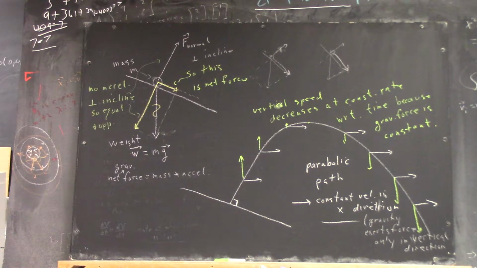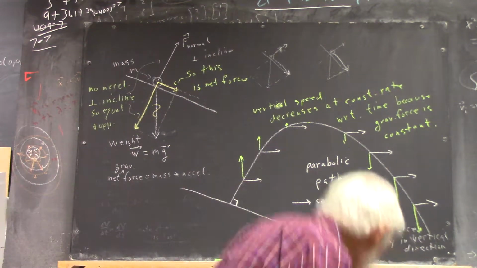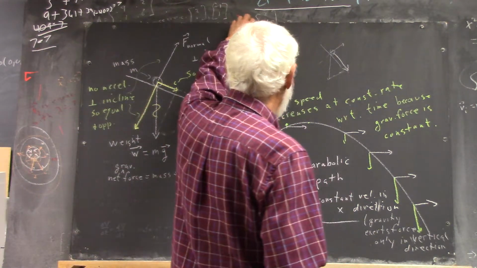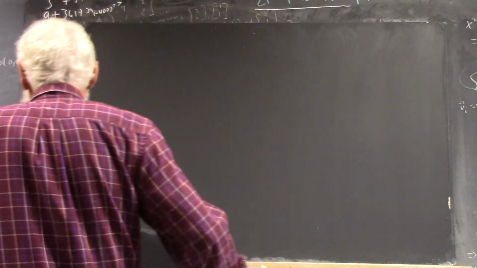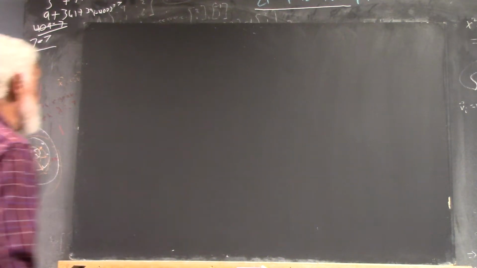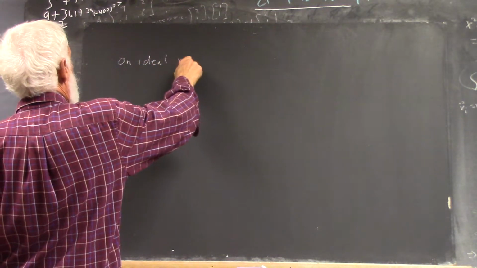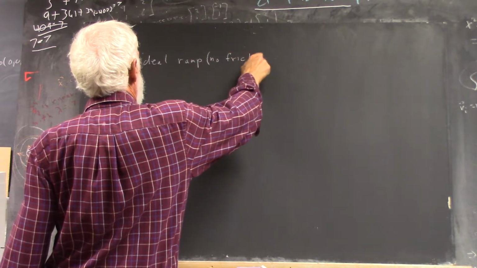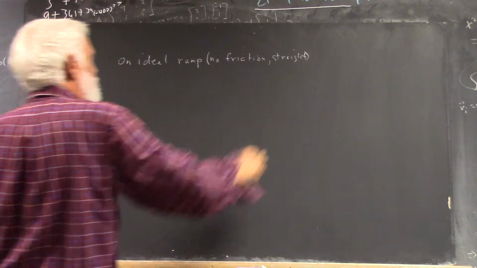Okay? And then the payoff for this is on the ramp, that means no friction and the ramp is straight.